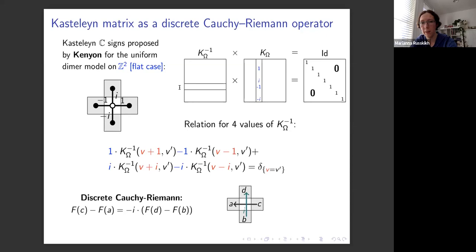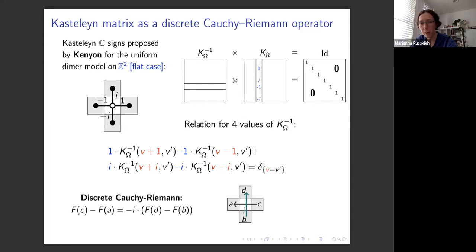And we can think about one row of the inverse Kasteleyn matrix as a function defined on black vertices. Then note that at each column of the Kasteleyn matrix, there are just 4 non-zero elements, which are 1, i, minus 1, minus i, corresponding to those edges.